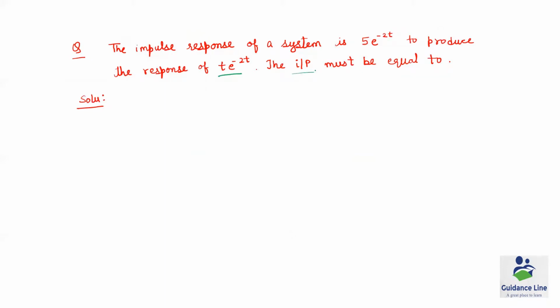In the previous lecture, I have already told you that if the impulse response of a system is given, then the Laplace transform of the impulse response is equal to the system transfer function.